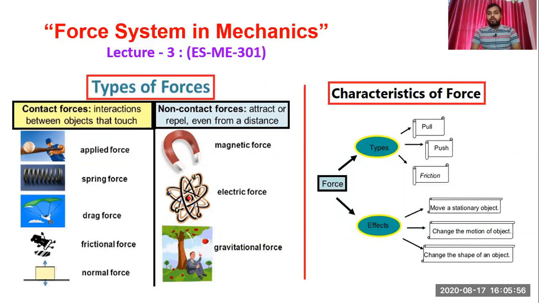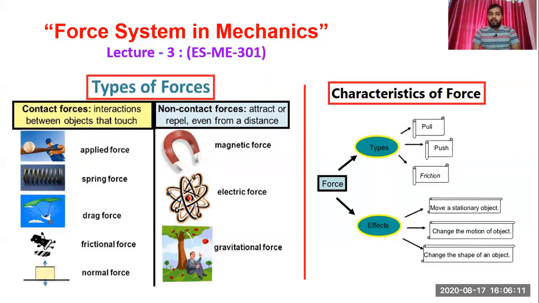So, what are the different laws? How to determine the resultant force or the equivalent force of a number of forces? This knowledge we have obtained from our second lecture.